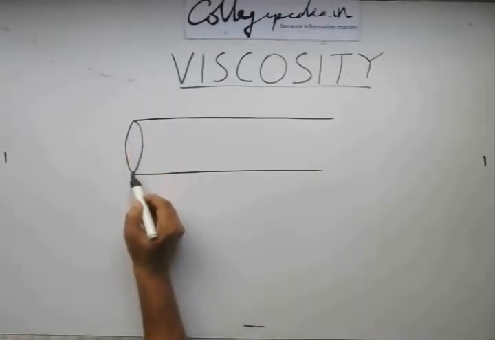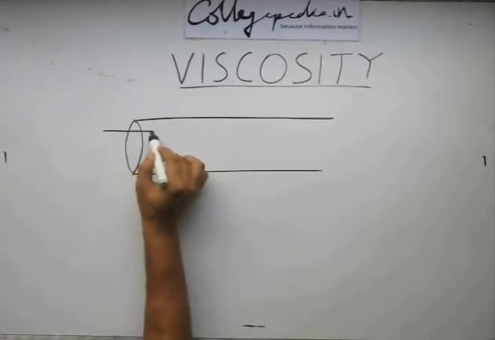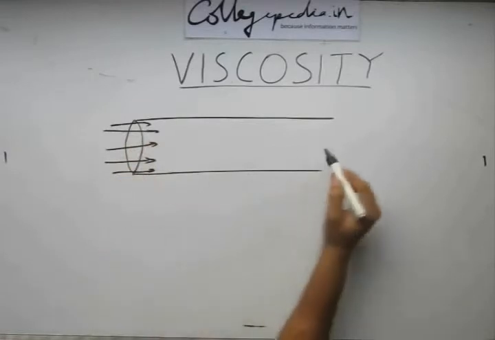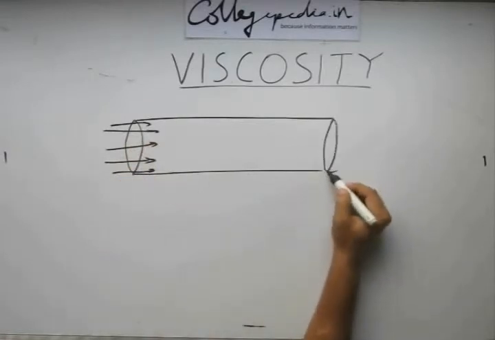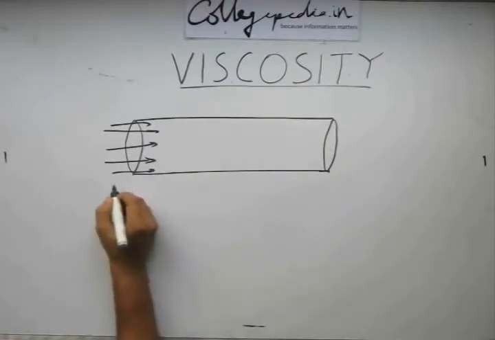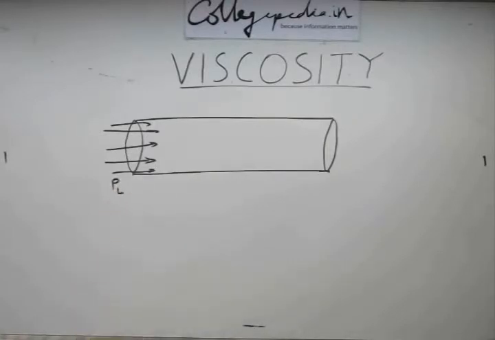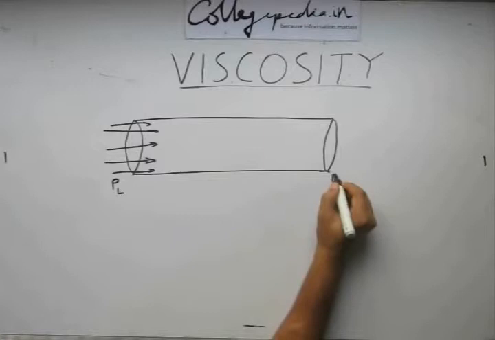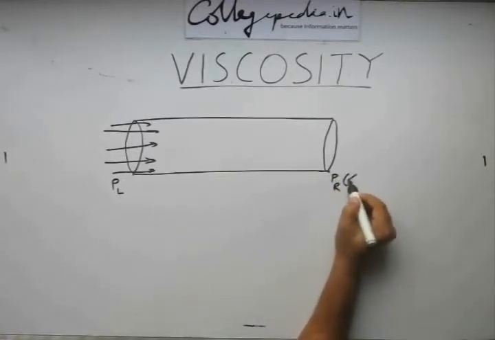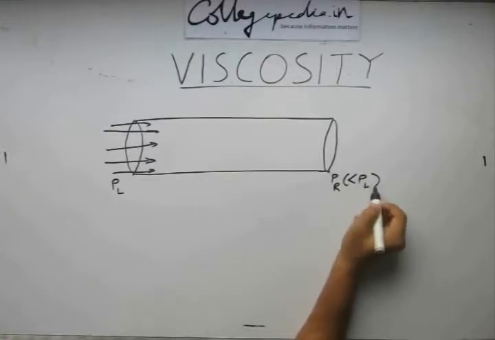We have fluid flowing through from this side. And we have a pressure of PL here and a pressure of PR here. Note that PR is going to be less than PL.